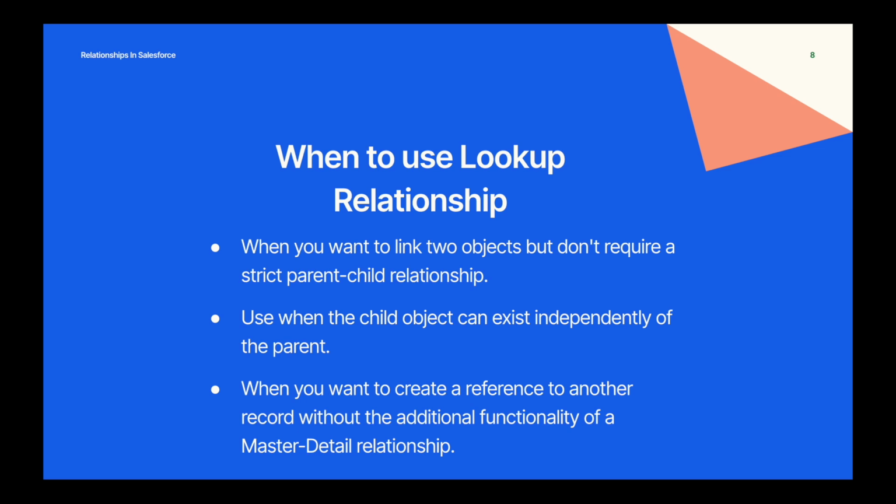Next, let's talk about some use cases or scenarios where to use lookup relationship. If you want to link any two objects but you don't want to require a strict parent child relationship, that is, if you want the freedom to delete either the parent or child record independently without any dependency on each other, then you can use lookup relationship.